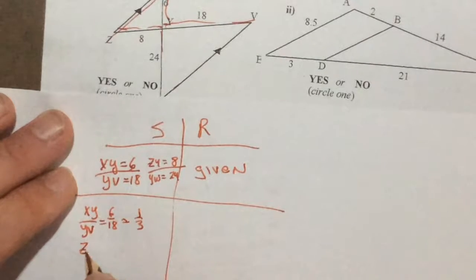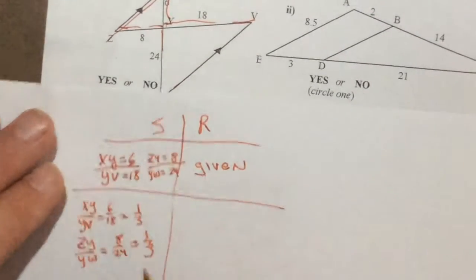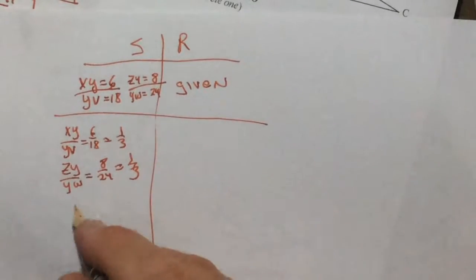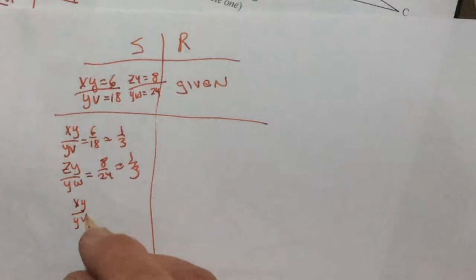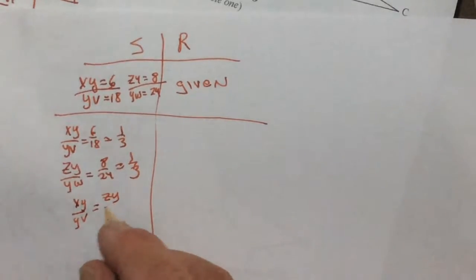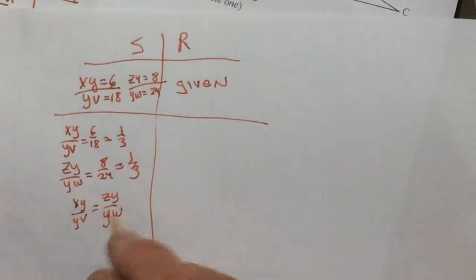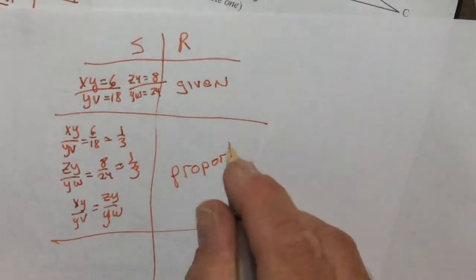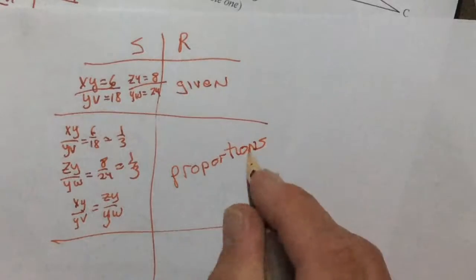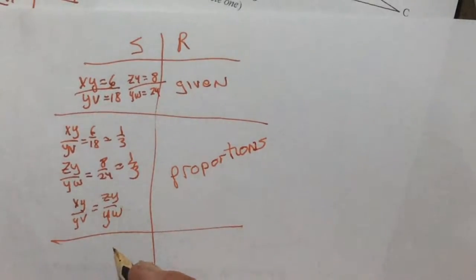And ZY over YW is equal to 8 over 24, which is equal to 1 over 3. That, of course, means that XY over YV is equal to ZY over YW. All of that is just about proportions.